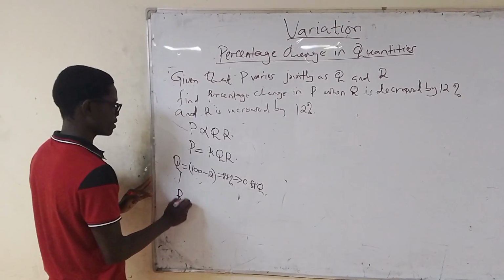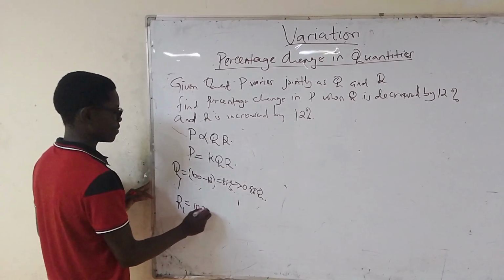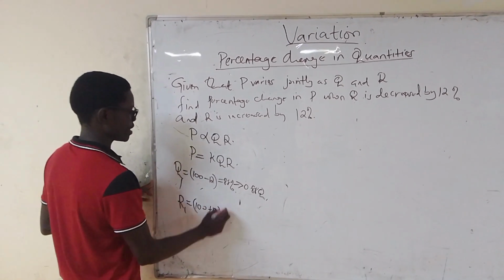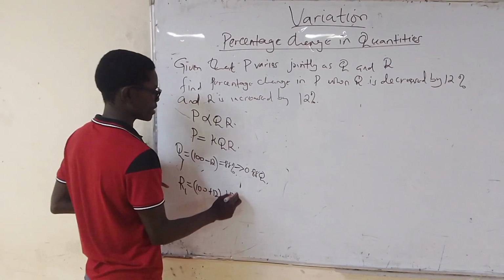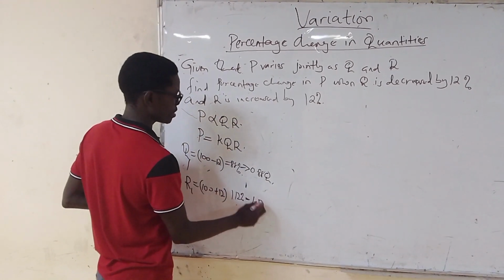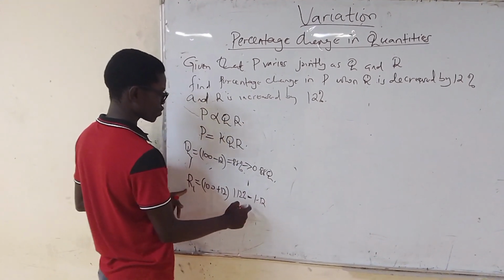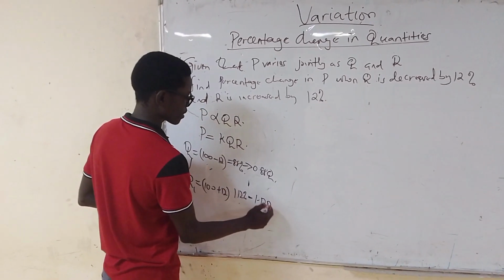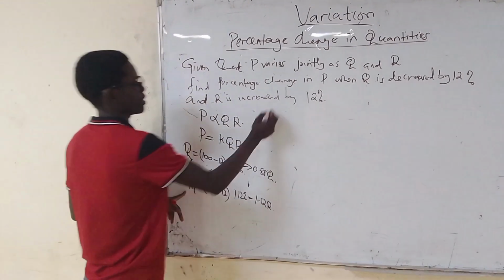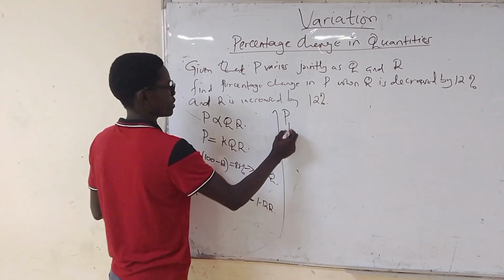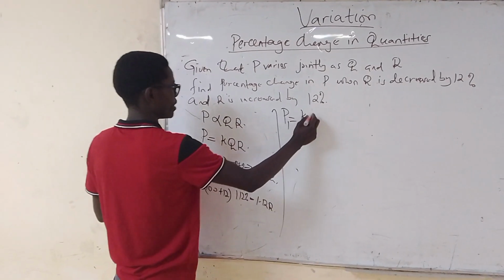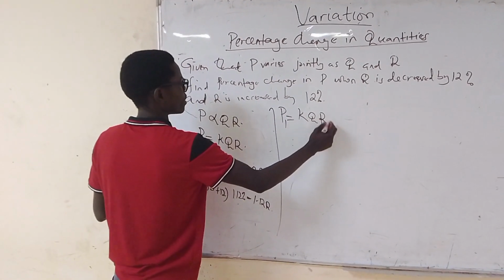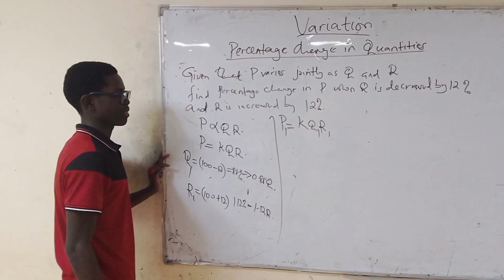Then R1 equals 100 plus 12. That is 112. Divided by 100, that is 1.12. Then R1 equals 1.12 R. Then we need to get P1. P1 equals K Q1 R1.